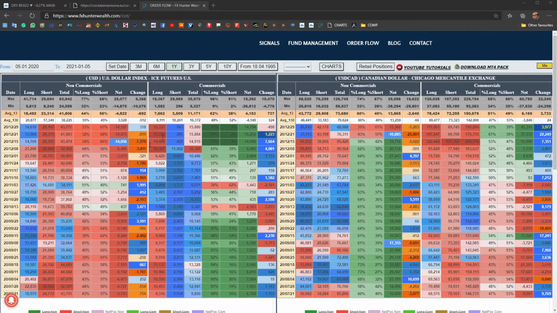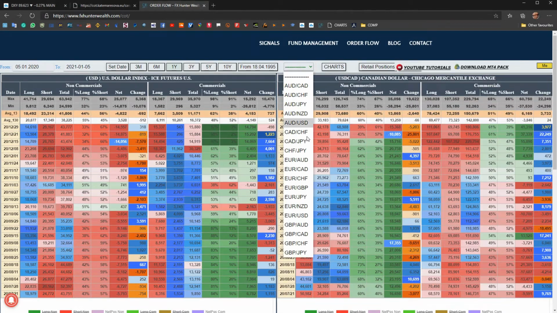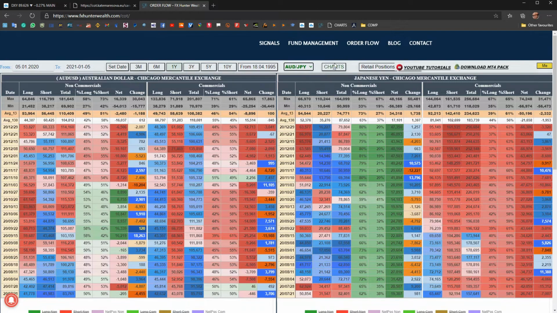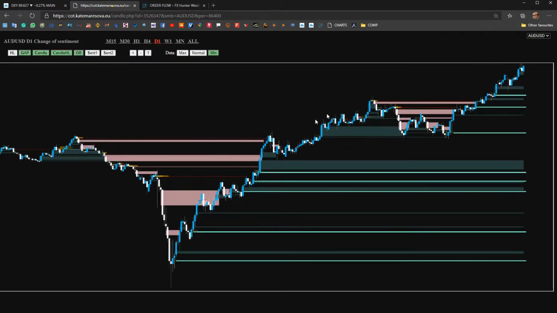So here on this website, as I said, is all the data we need. We can go through all the pairs and check what's going on. As well, if you click into these charts, you will find the institutional levels on all time frames, and you can bring up just one time frame for each pair to see properly the levels which are drawn and how they are working.